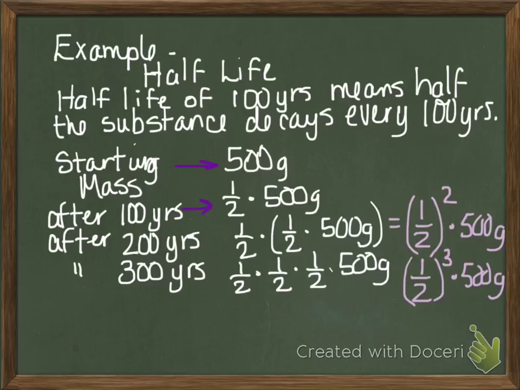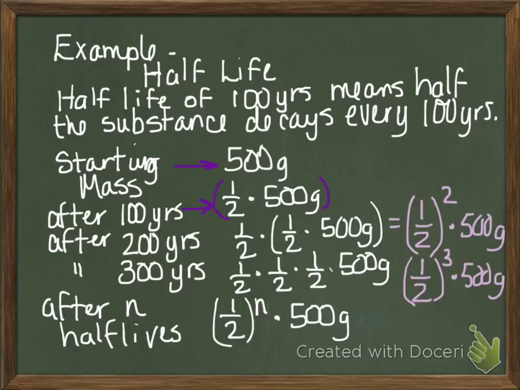So you can see when I get to many, many years. So what if after 1,500 years, I would have 1/2 used as a factor 15 times. And my exponential notation would be a really nice shorthand. Okay, so then after n half-lives, n being however many multiples of 100 years, every 100 years I get half the substance.